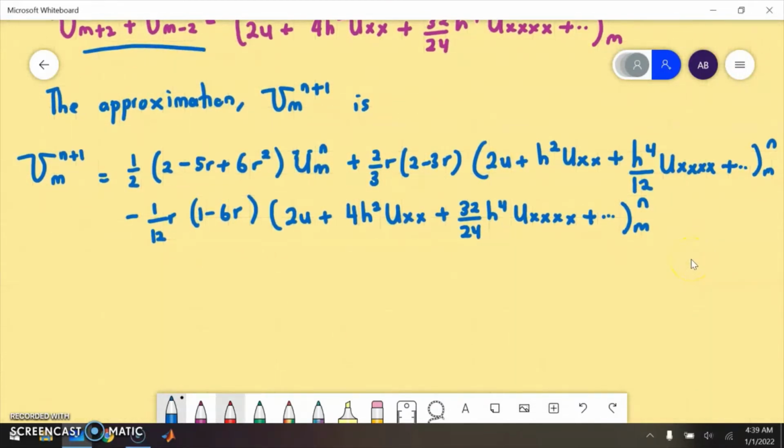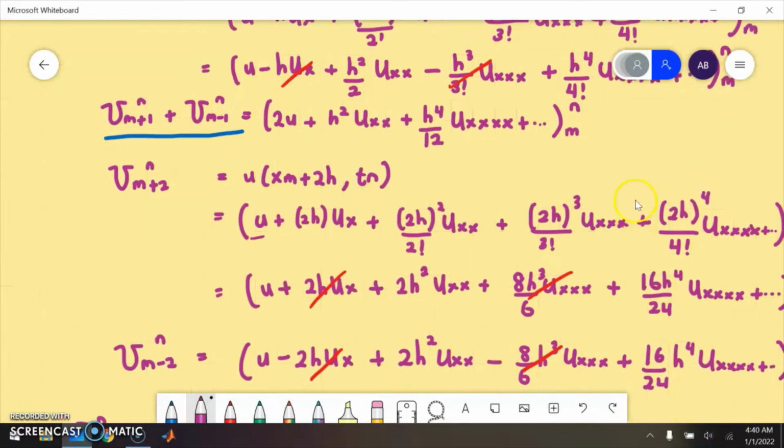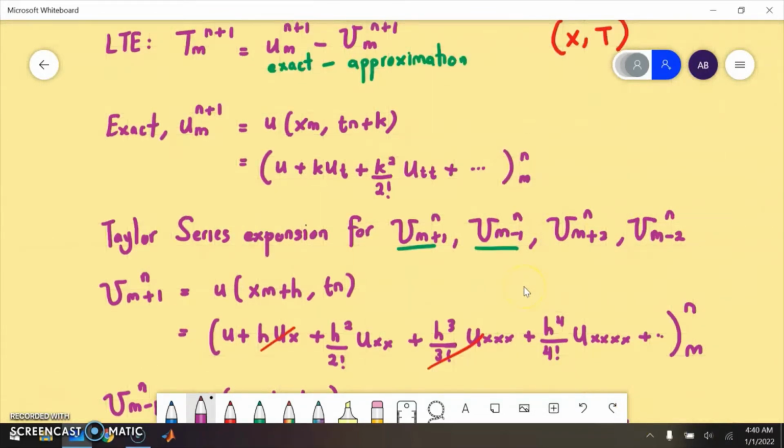Now let's find the LTE, where LTE is T_m^n plus 1, which is exact minus approximation. The exact solution is the one we expanded with respect to t earlier on. This is my exact, this equation here. Let me just label it equation 1.